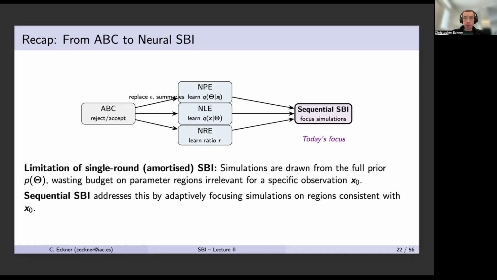You can also do this in simulation-based inference and be specific about one particular target observation and then reach even higher precision. To do this, you need to perform sequential simulation-based inference that adaptively addresses the fact that you want to zoom into the posterior space for one particular target observation, which breaks this feature of being amortized, but you gain a precise posterior if you wish.